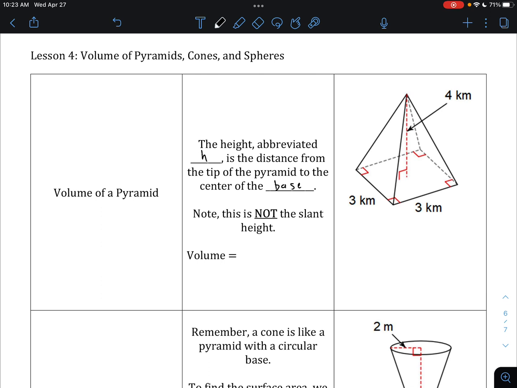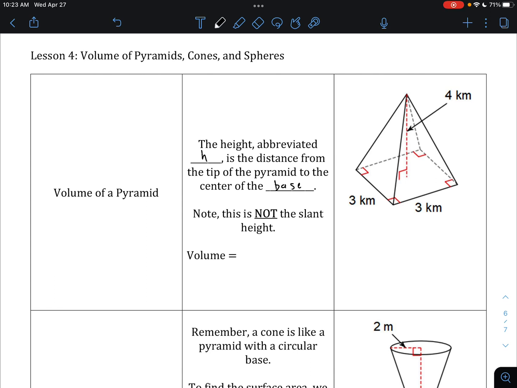One quick thing to note is that this is not the slant height. The slant height over here is the height you use when you're dealing with surface area. With volume, we use the standard height.